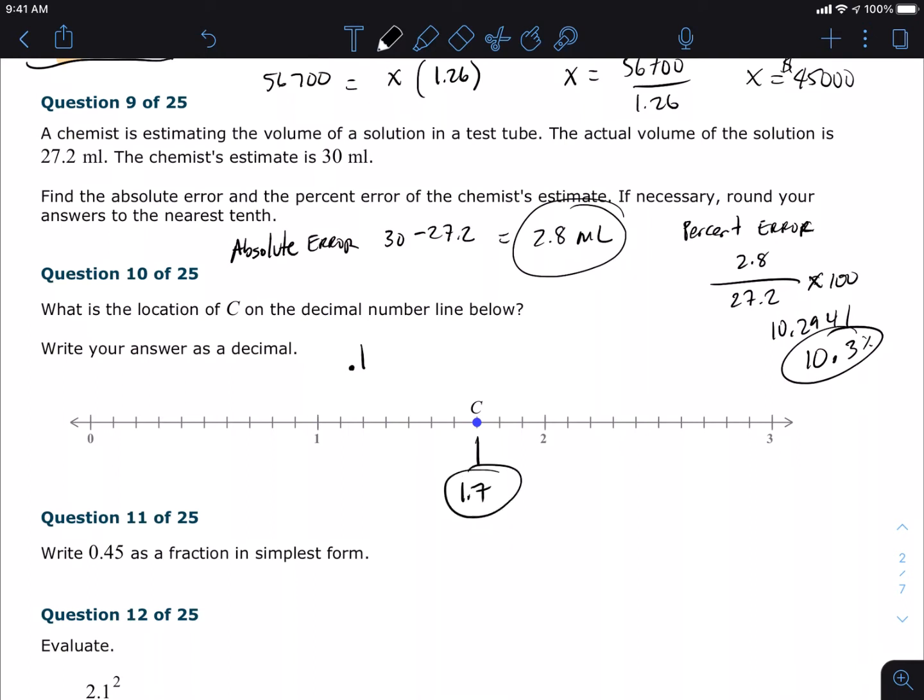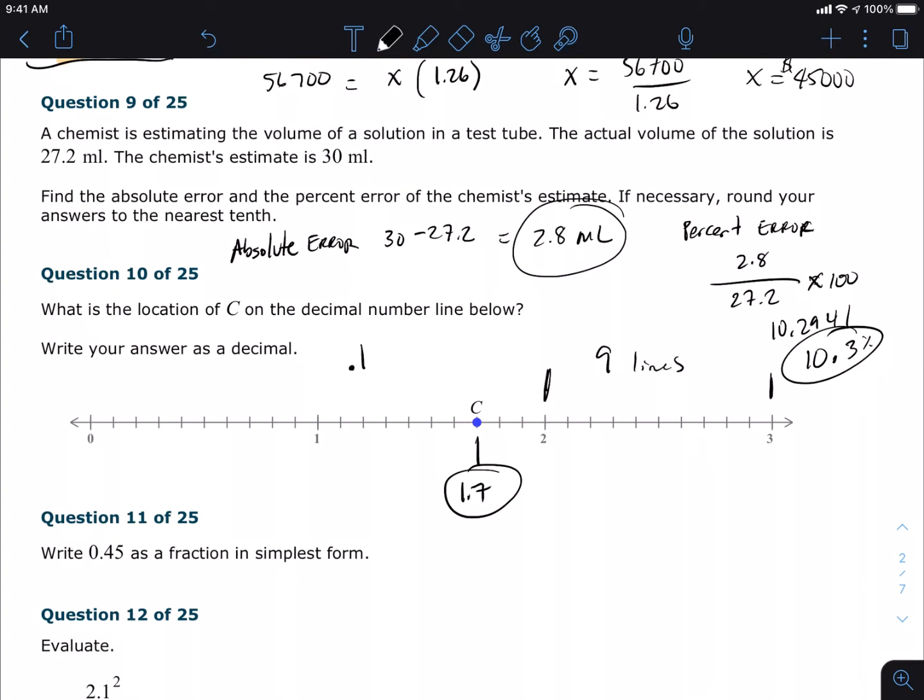Does that make sense how I got the 10th value for each little line in between? Yes. Is there anyone that's unsure? Can you explain it one more time? Sure. So how many lines are in between the whole numbers? So here's a whole number, here's a whole number. Since there's 9 lines in between, right?